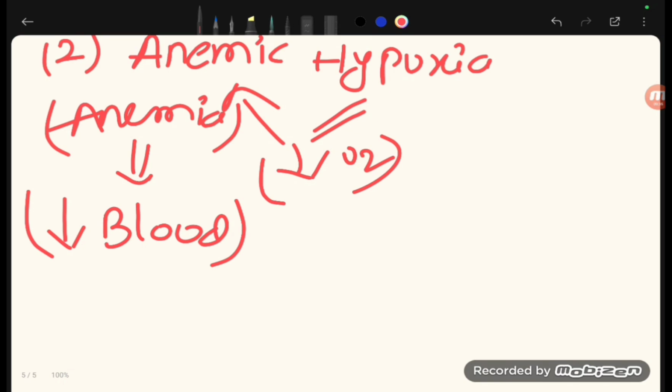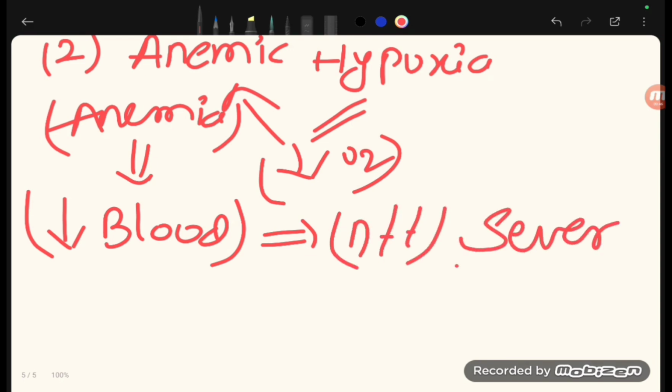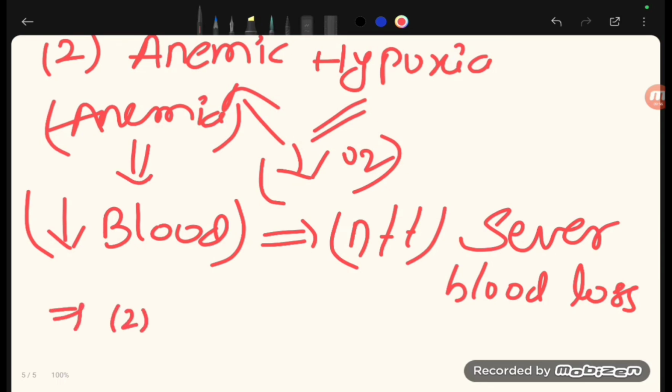Why will there be decreased blood supply or decreased blood oxygen? Due to severe blood loss we will get anemia. The second cause is decreased hemoglobin in the blood.